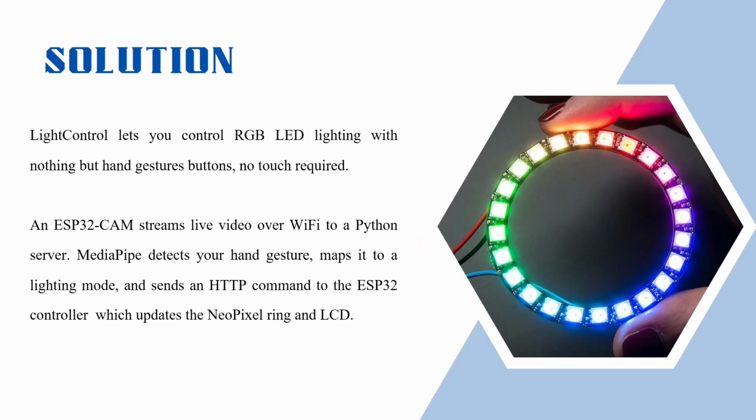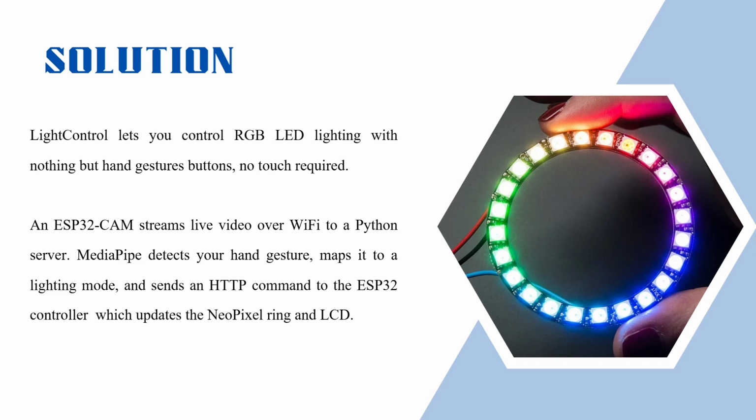So our solution is LightControl, which lets you control RGB LED lighting with hand gestures. For the components, we have the ESP32 cam that can detect our gesture over Wi-Fi with the Python server.